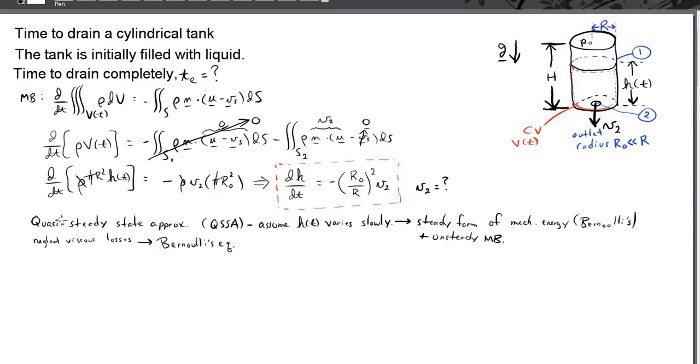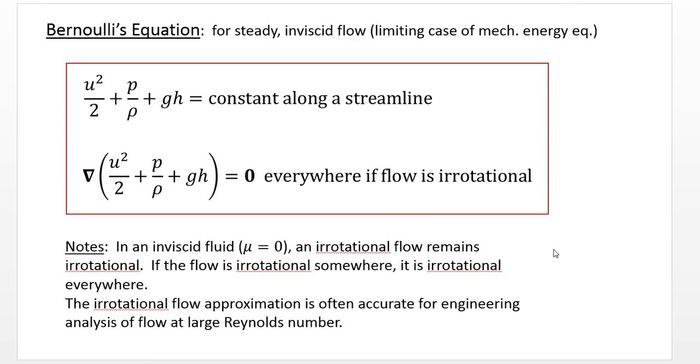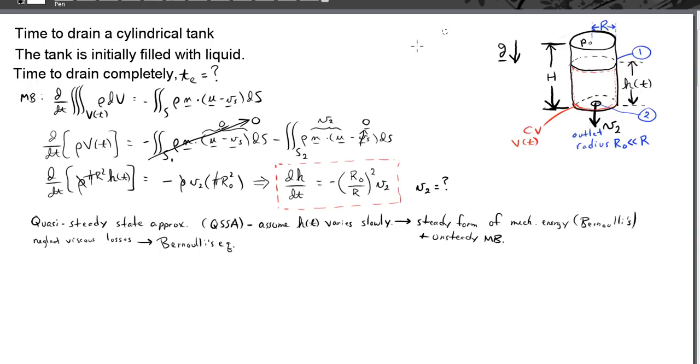So if we apply Bernoulli's equation at steady state, and once again, if we want, we can look this up in our handout of the macroscopic balances. So we have 1/2 v squared plus p over rho plus gh is equal to constant. We can take the streamline connecting the top surface of the liquid and the middle of the hole, or we can use the irrotational flow version if we want as well.